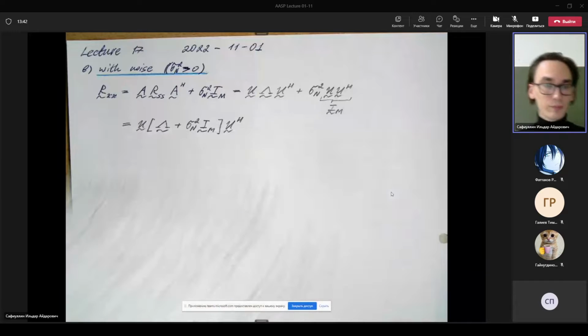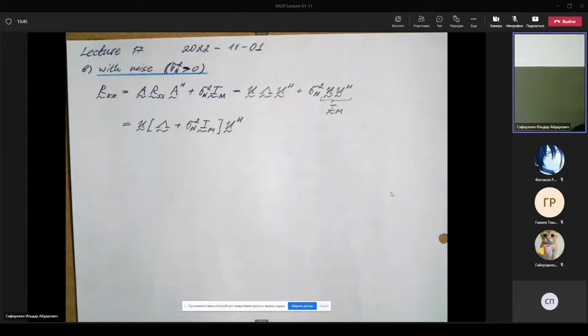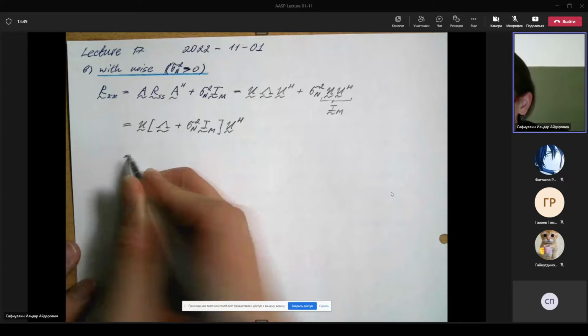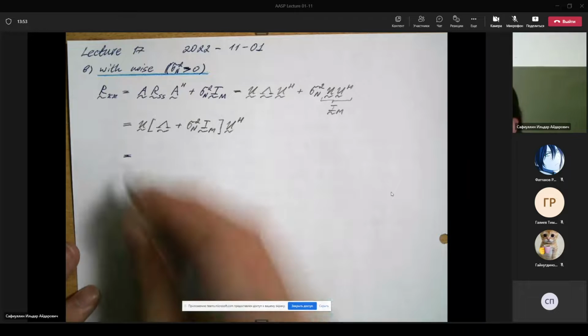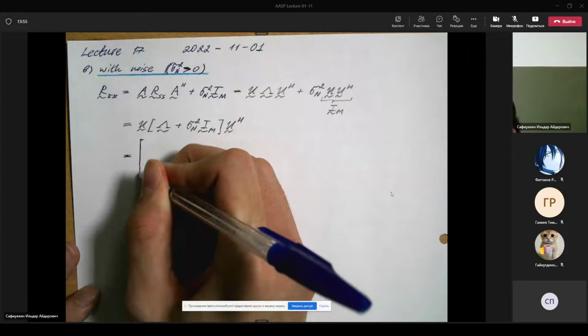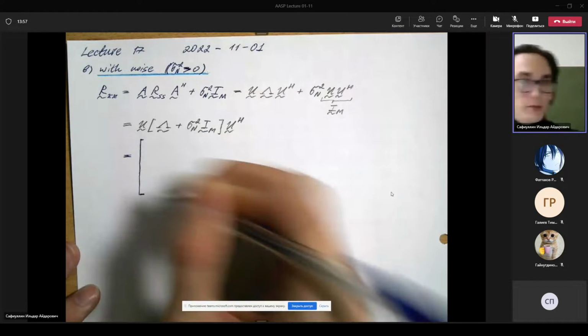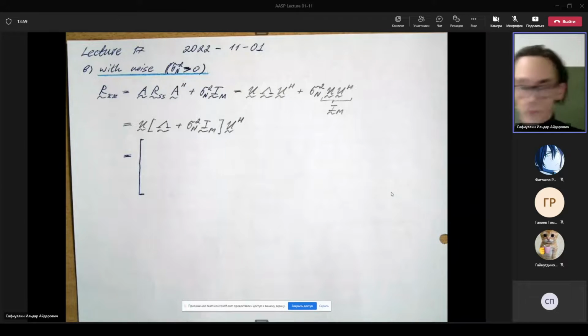So we represent it with concatenation of the matrices. First we start with matrix U. It is a column concatenation.